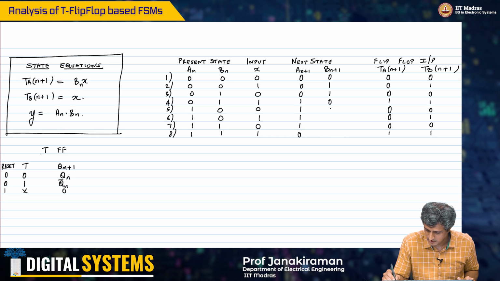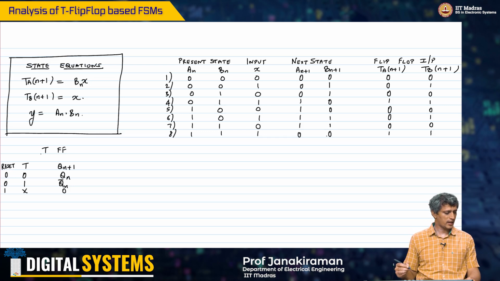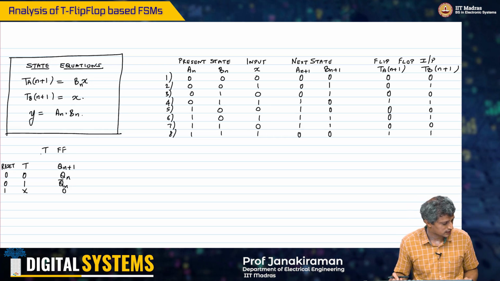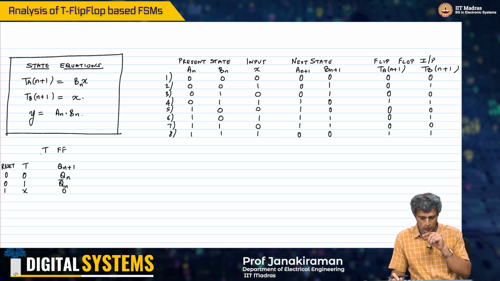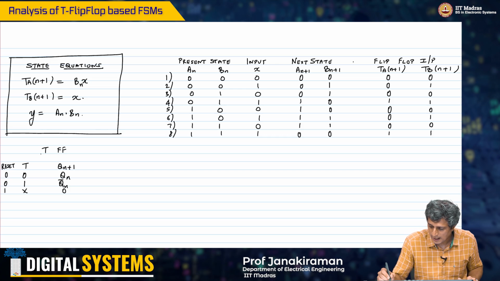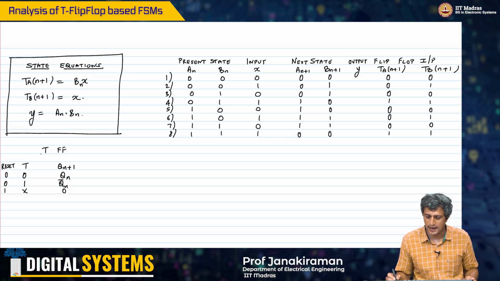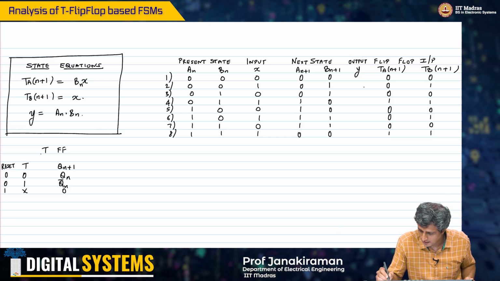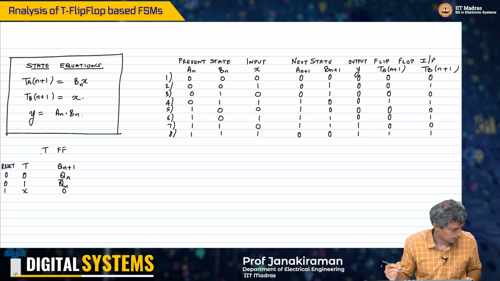You will retain this state, and you will toggle this state, retain this state, and you will toggle this state, right? So you will get Bn plus 1 as 0, 1, 1, 0, 0, 1, 1, 0, right? And my output Y, by the way, that is just An and Bn, right? So this is 0, 0, 0, 0, 1, 1.